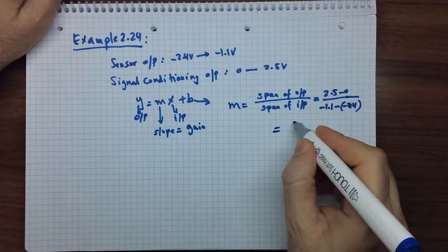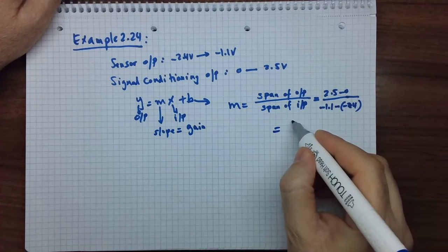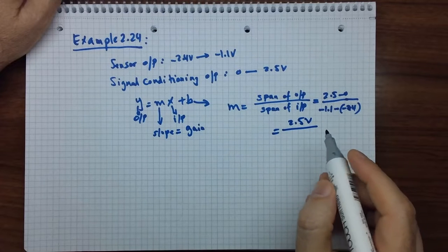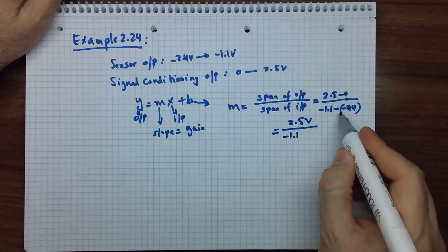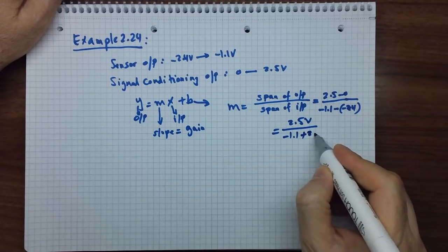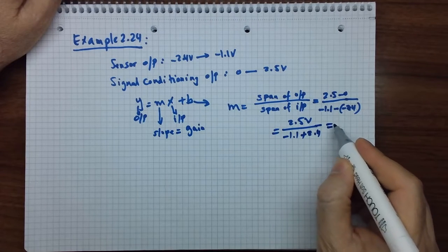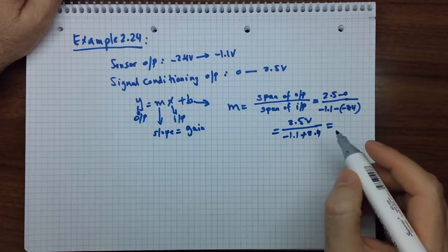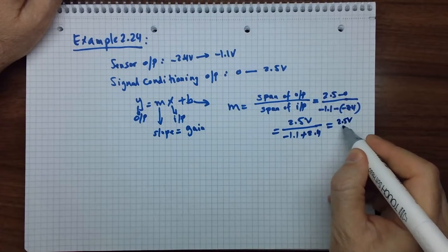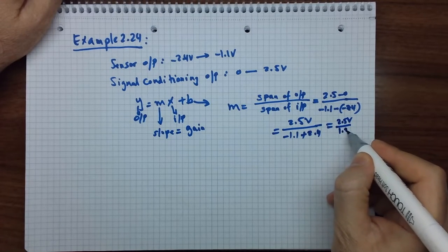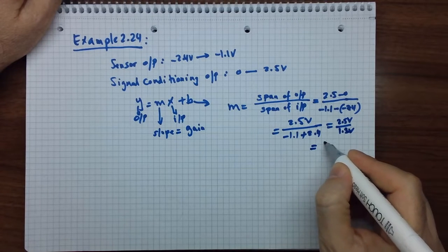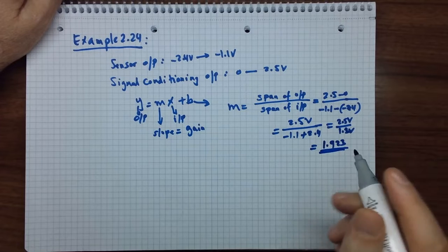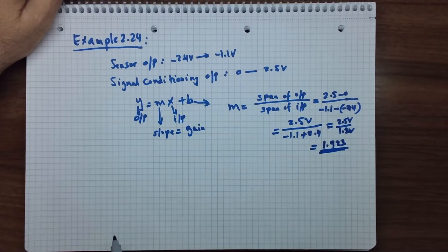This is equal to 2.5 minus 0, it is 2.5 volt over minus 1.1 minus it is plus 2.4, and this is equal to 2.5 volt over 1.3 volt, and this is equal to 1.923. This is the gain of the circuit.